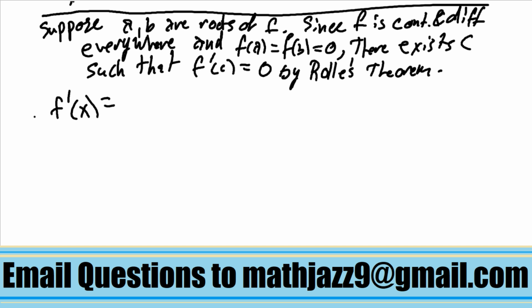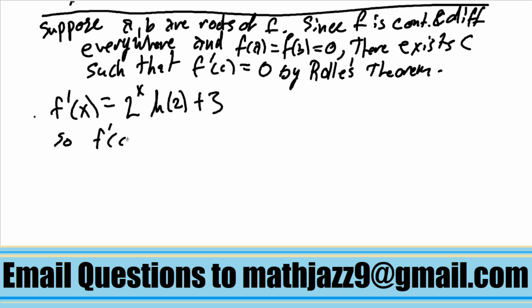I think it was 2 to the x plus 3x. Yes. So this will be 2 to the x ln 2 plus 3. The derivative of an exponential is that exponential times the natural log of the base. Power rule applies to 3x, giving us 3. There's our derivative.